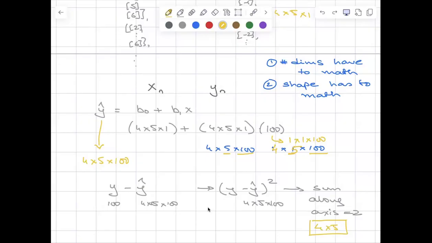Yes. Okay. And then we are pretty much home free because my y hat is now going to have dimensions 4 by 500 and my y is 100, but then again broadcasting rules, 1 by 100 and then 4 by 500, right? So now I can subtract y minus y hat. So what I'm doing is I'm calculating the individual errors, the predicted value and the actual value. I can square them, that's easy enough.